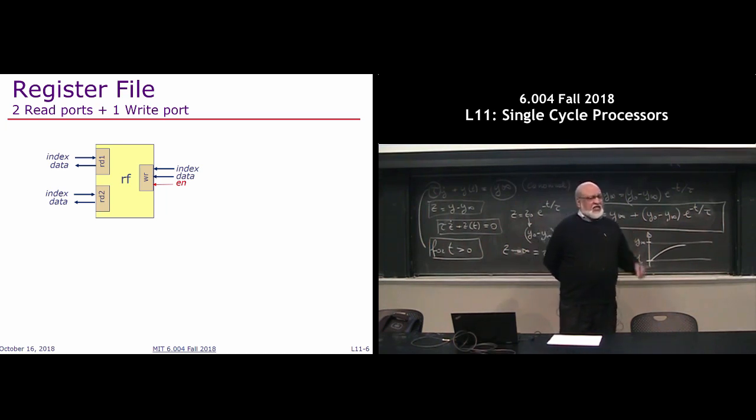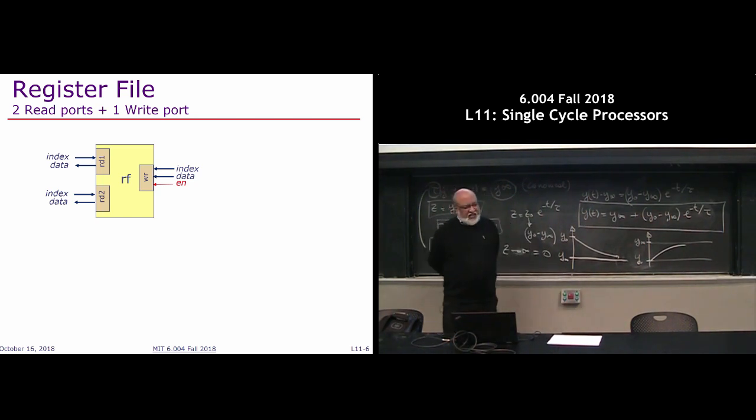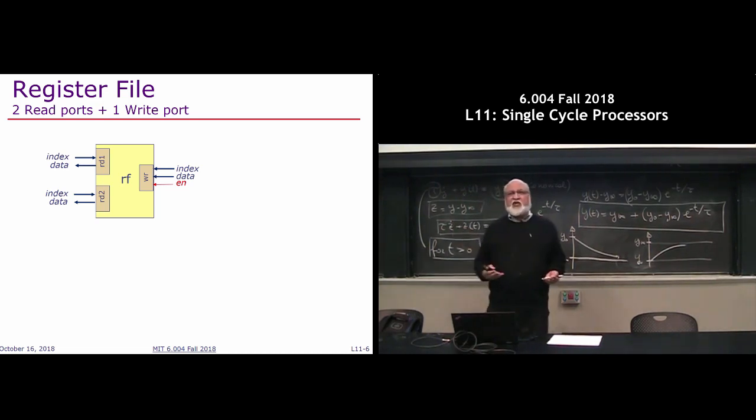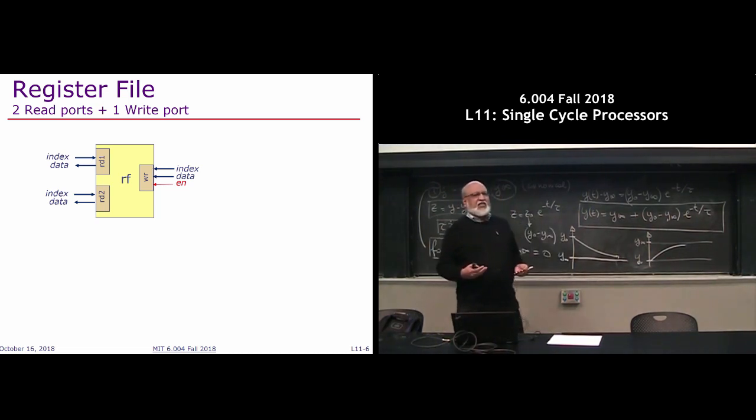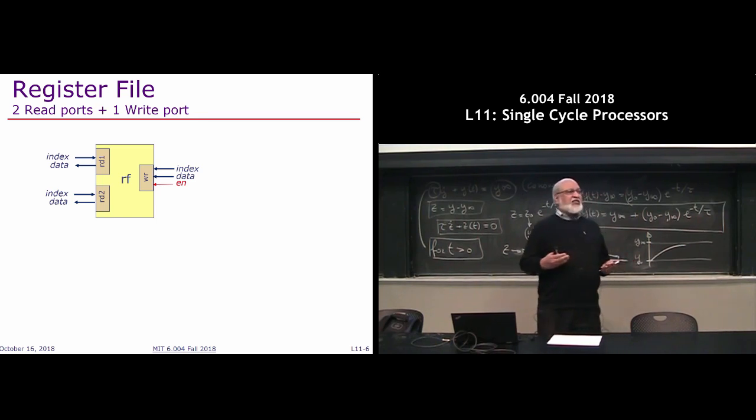So you will go and write into a particular register inside it. If we have a register file with 32 registers, which is what we need for implementing RISC-V, we can't just go and read all of them at the same time. So there is a restriction on how many registers you can read at a given time or how many registers you can write at a given time.